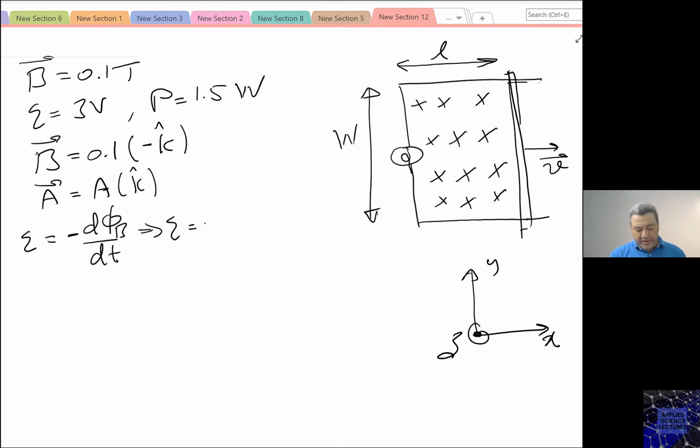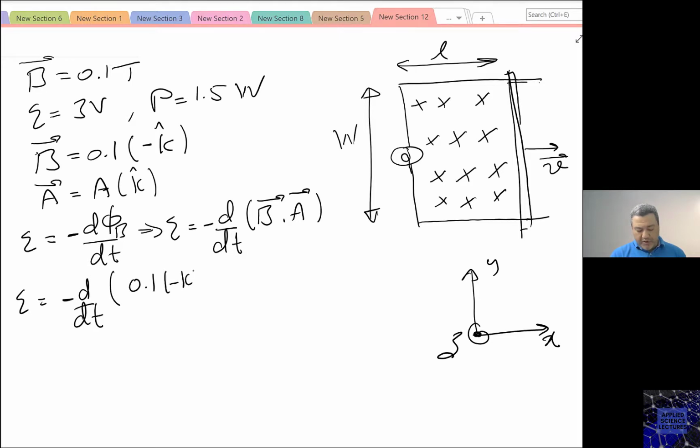Epsilon is minus d over dt for B dot A, or epsilon equals minus d over dt. B is 0.1 minus k hat dot A is WL k hat.